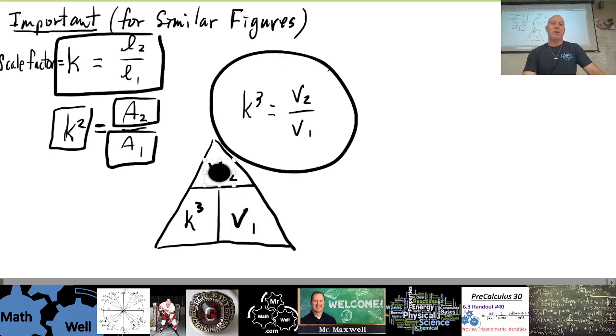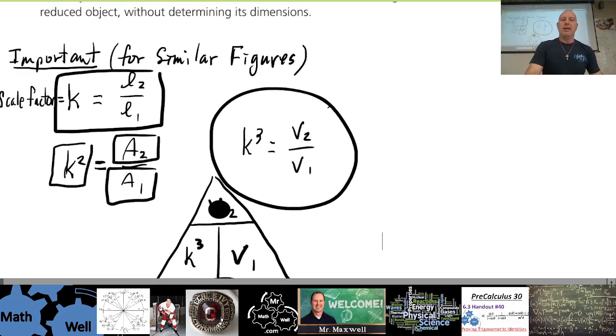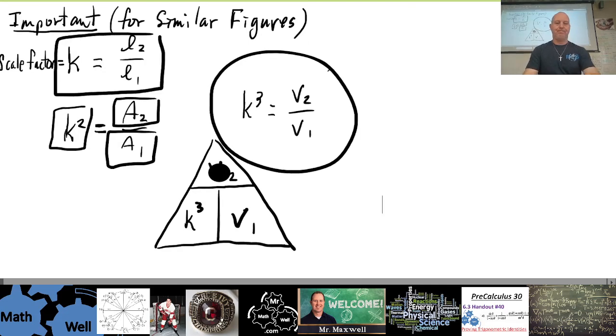So you just cover up the portion of this little pyramid that you want to solve for, and that's just a way of manipulating the equation. It's a way of solving for each one of these. All right, any questions then about that?